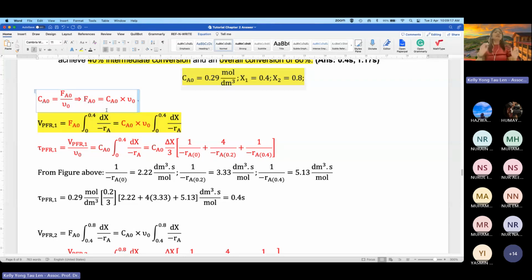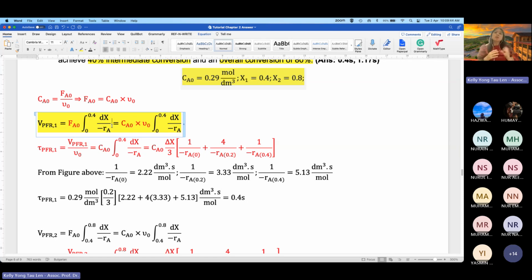Okay, so again, you have to then think back. Formula tu ada volume. Formula tu ada FA naught, dx per minus RA. So, formula ni tak ada apa yang kamu nak cari. It doesn't have space-time. It also doesn't have FA naught. So, you know that this equation is somewhat you may need to tweak or you may need to elucidate balik.